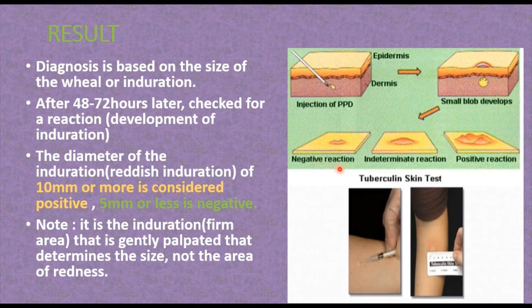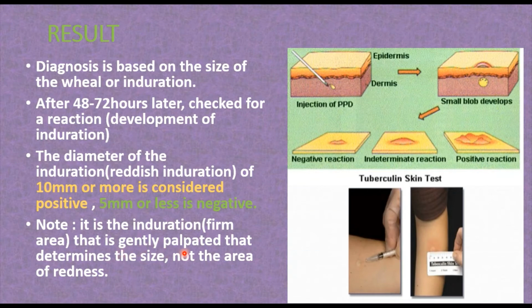That is going to be the negative reaction. If you have a small rising of that wheal and formation of induration, that is going to be the intermediate reaction. If you have a large wheal of 10 millimeters in size or more, it is considered a positive reaction. If the size of the wheal is less than 5 millimeters, then we consider that reaction a negative reaction.